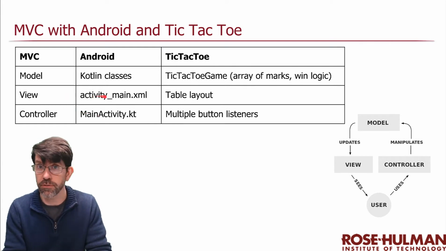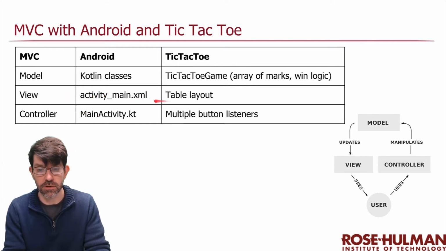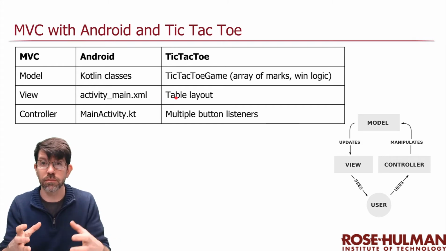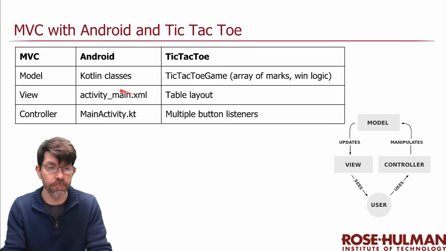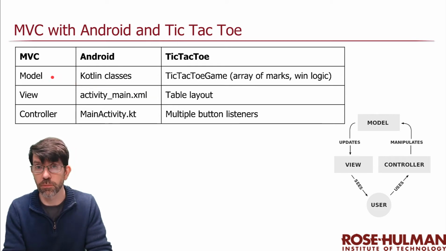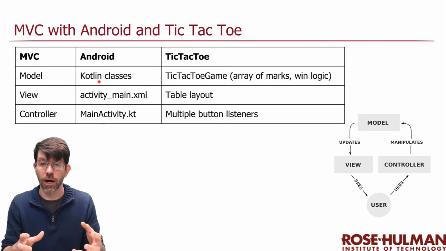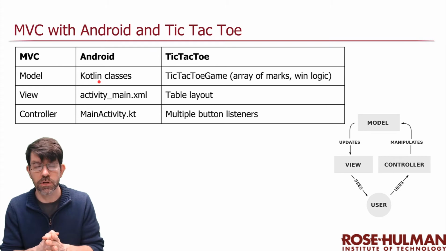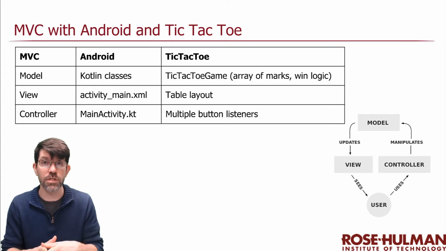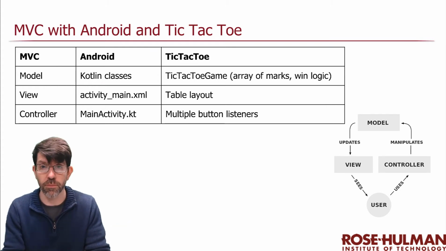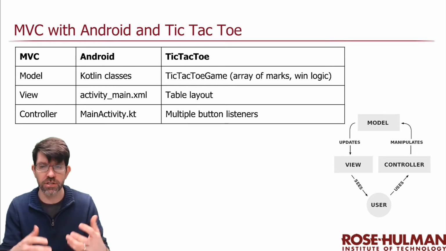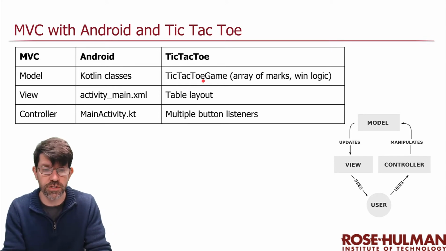We're also going to have a view, what's displayed to the user, which in this case is just a table layout showing a 3x3 grid. But the model here is a little bit bigger. It's going to have its own Kotlin class that stores all the different marks on the board, the X's and the O's, and also some methods that we can use to manipulate those marks, checking for a win, some game logic, some more interesting stuff.